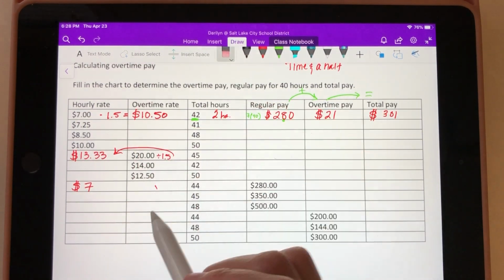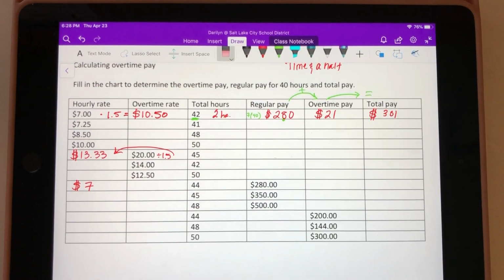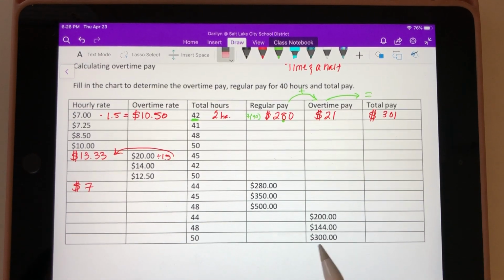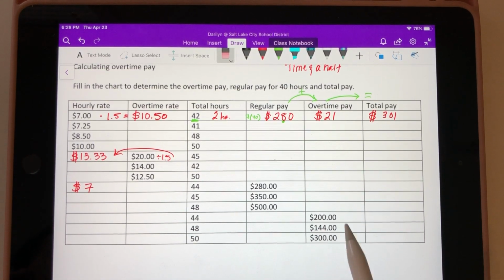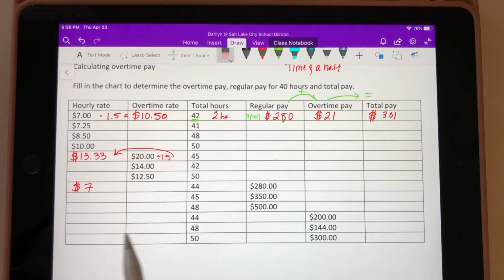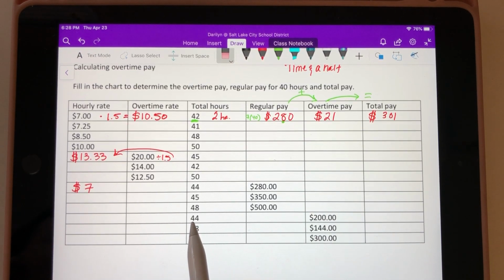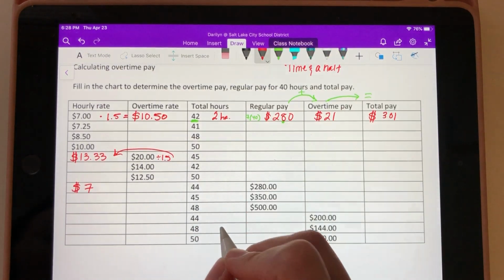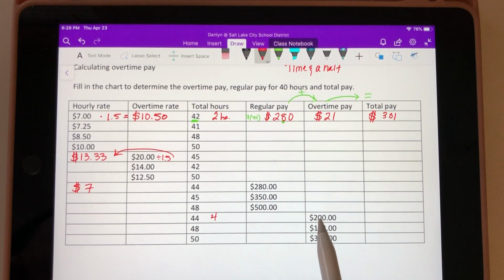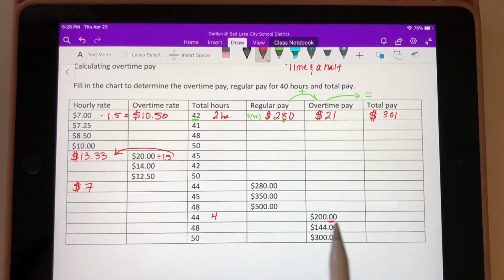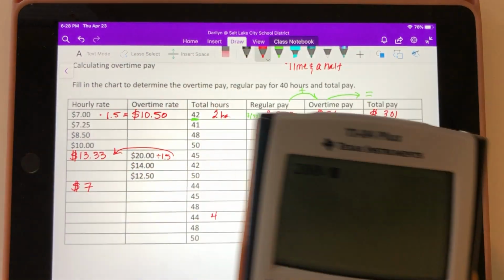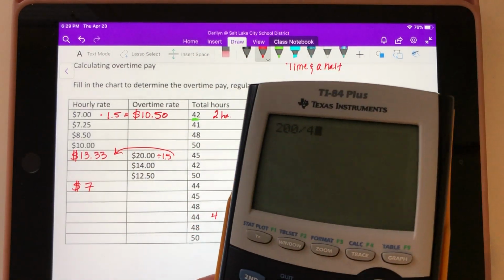All right, going down to this last 3, we have the overtime rate, overtime pay, we don't have regular pay, we don't have any rates. So right here out of 44, that says 40 hours regular, 4 hours overtime, right? I've got 4 overtime hours here. So I'm going to take my overtime pay, which is $200, and I'm going to divide it by how many hours overtime, which is 4.